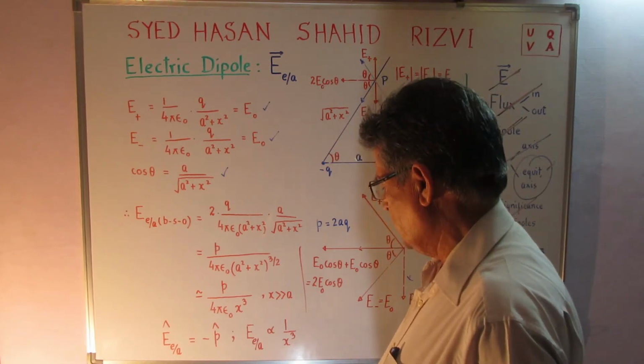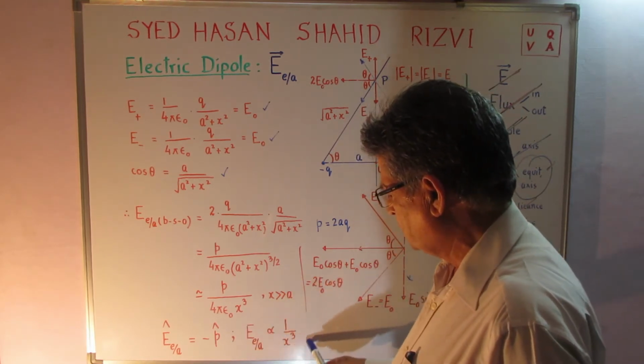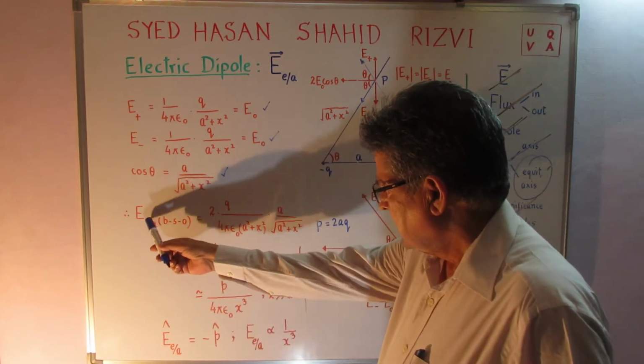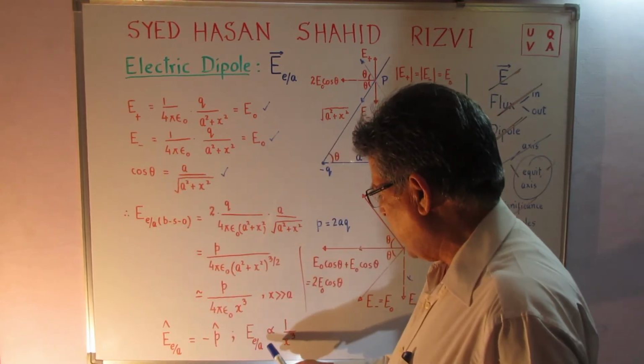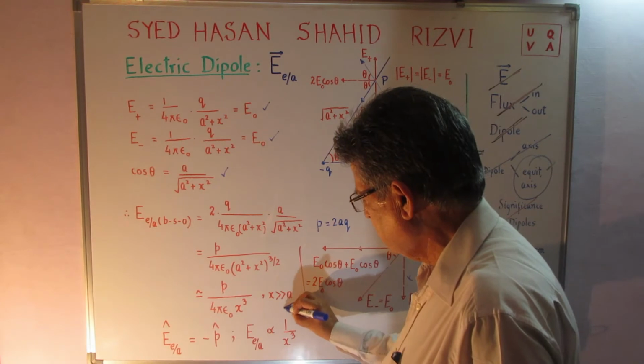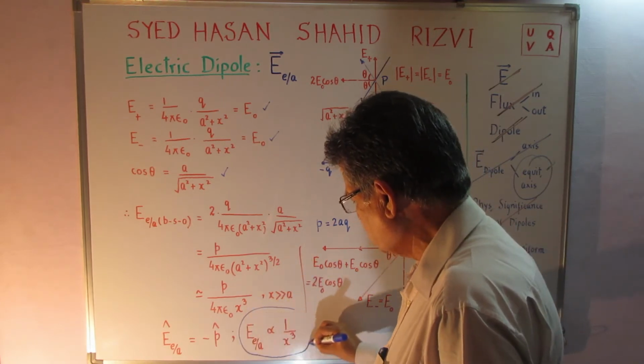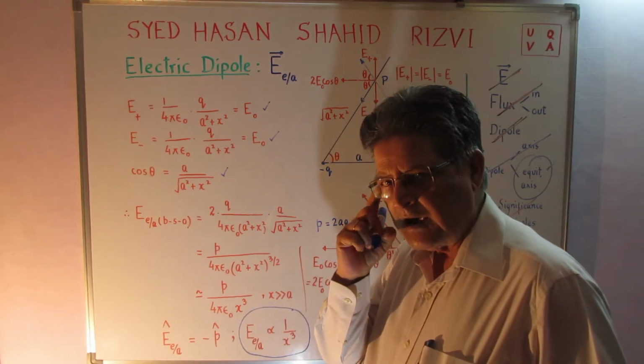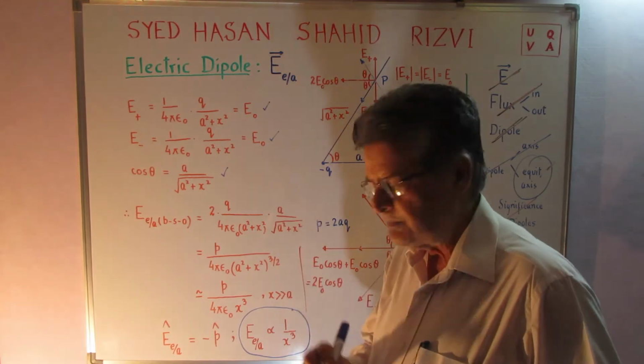So this shows that E equatorial is proportional to 1 upon x cubed, like it was before in the other case.